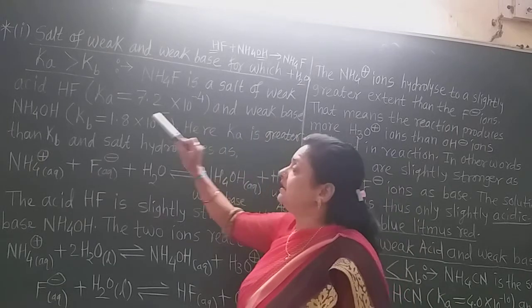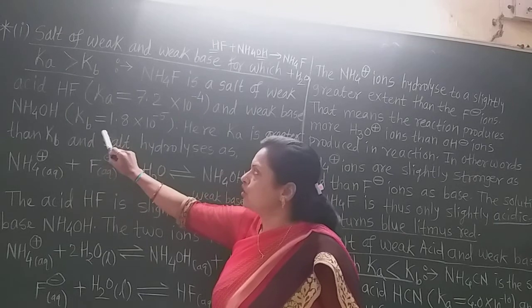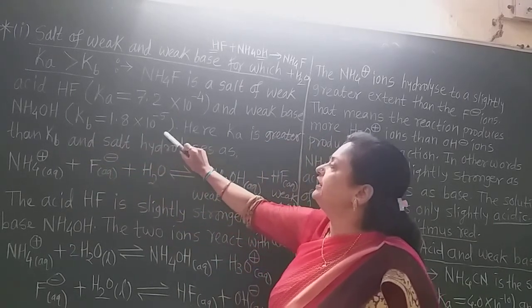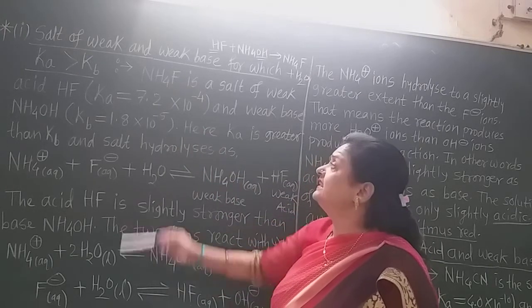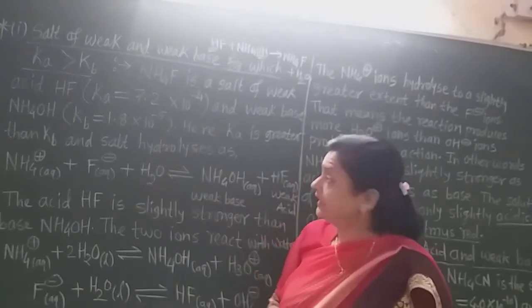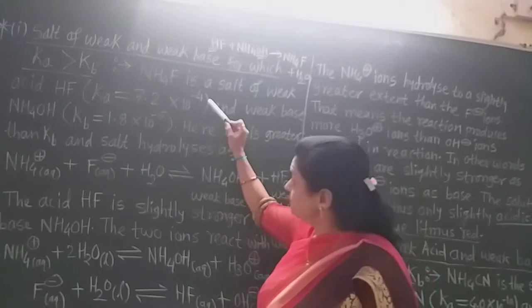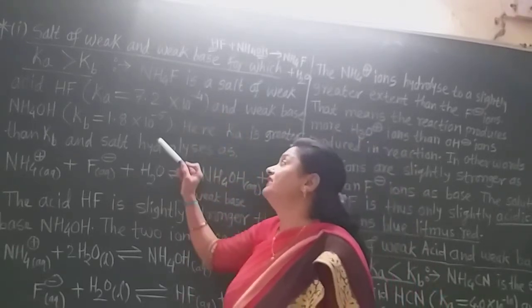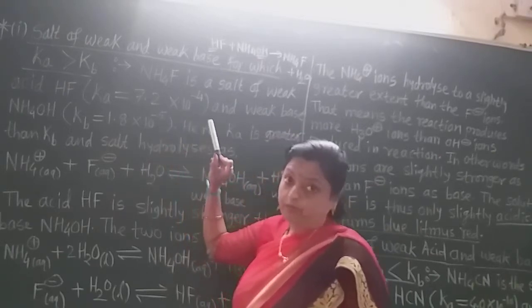And the weak base ammonium hydroxide has the dissociation constant Kb equal to 1.8 into 10 raised to minus 5. Then which value is greater? Here is 10 raised to minus 4 and here is 10 raised to minus 5. We know that if the power is negative, then the value with the smaller negative power is greater than the value with the larger negative power.